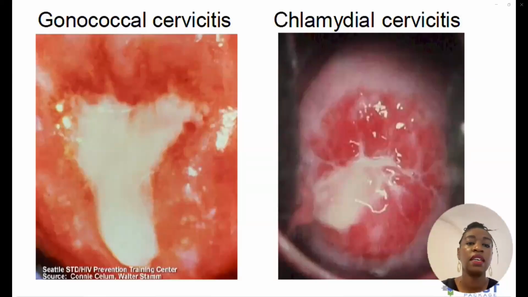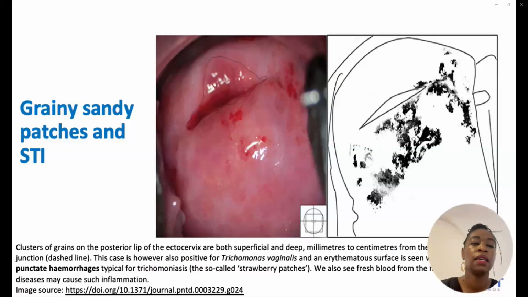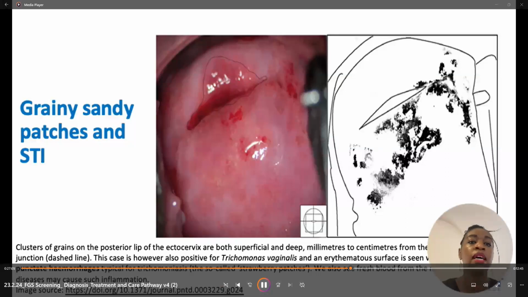Then we have other STIs that can cause inflammation of the cervix, but as you can see, you don't see any of the yellow sandy grainy patches. The only thing you see is purulent cervical discharge as well as inflammation of the cervix. Then sometimes when they occur in tandem, I'm hoping you're now able to see the yellow sandy grainy patches around here, as well as areas of punctate hemorrhage.